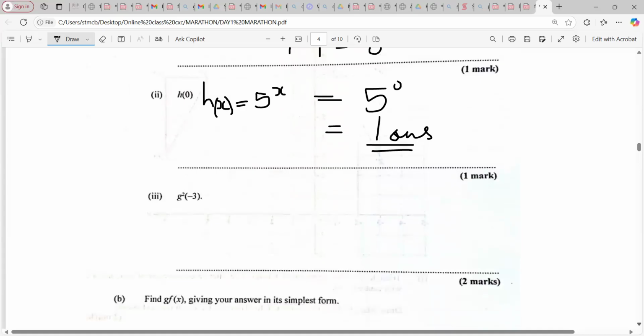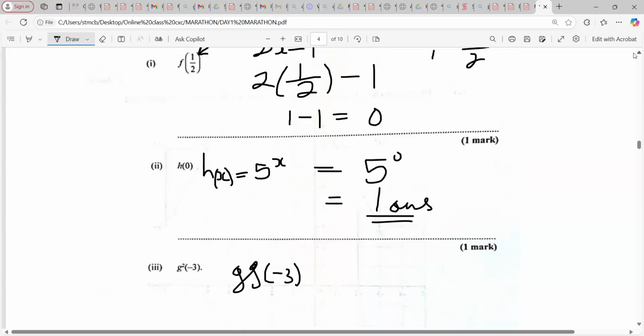The one here looks a little bit tricky. It's g squared of minus 3. Basically, it's g into g, and then you put minus 3. So we have to combine the two functions. g is going to be the first function and g is going to be the last function.